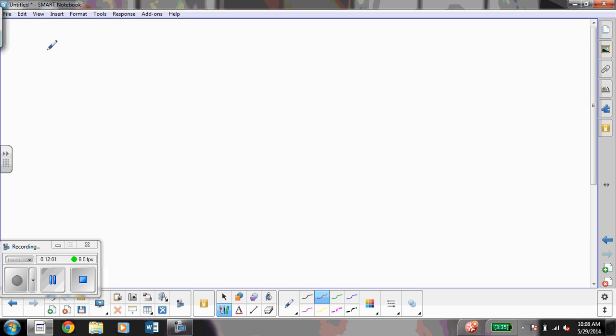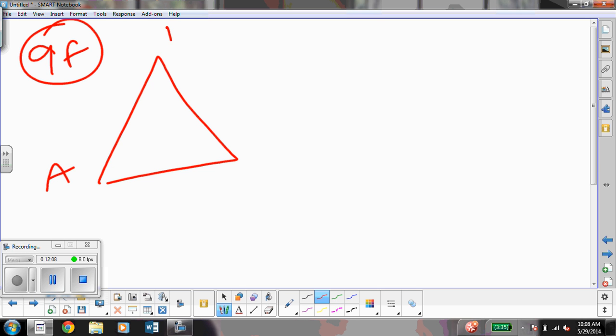And the last one for section 9f. Again, I have all three sides, a, b, c. I know that a is 15.1, I know b is 28.2, and I know c is 36.7.